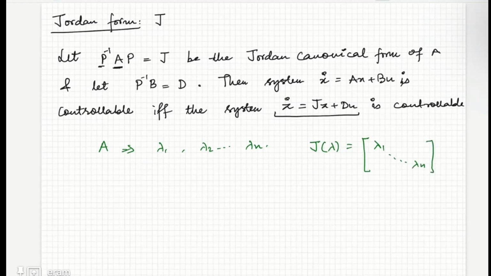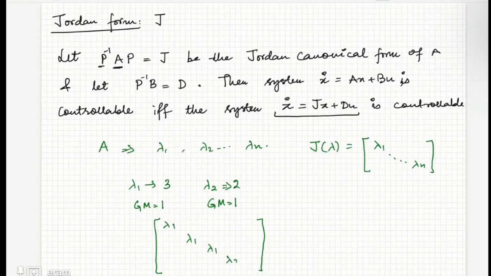But if lambda 1 has multiplicity 3 and lambda 2 has multiplicity 2, each with geometric multiplicity 1, then the Jordan matrix will look like: lambda 1, lambda 1, lambda 1, and lambda 2, lambda 2.